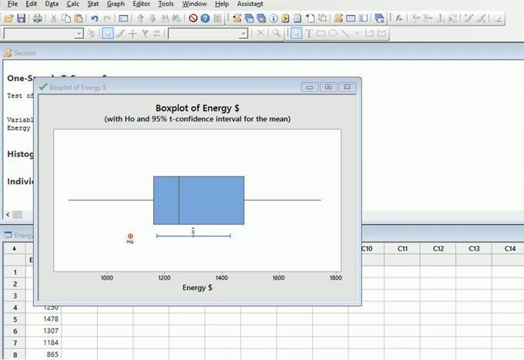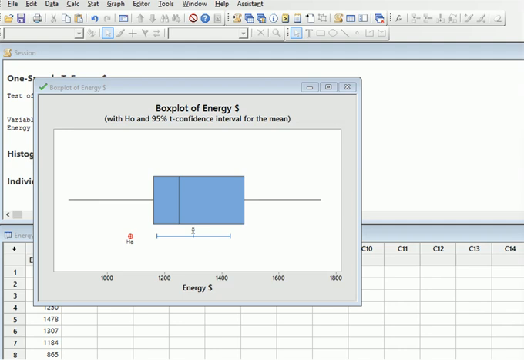In fact, the h0 is located to the left of the box. We can see that h0 is over here, and 75% of the values are located to the right of the box. So it shows that the values in the sample are greater than 1080. Thus it seems unlikely that your assumption of h0 being equal to 1080 holds.